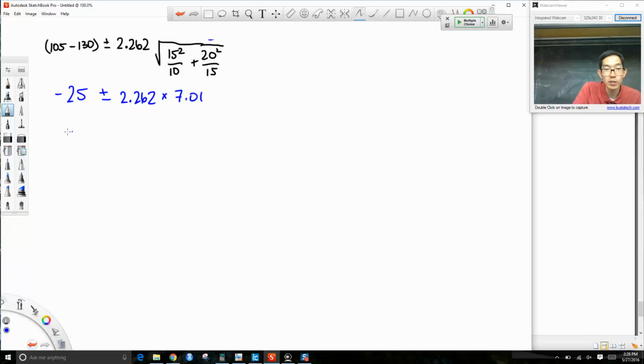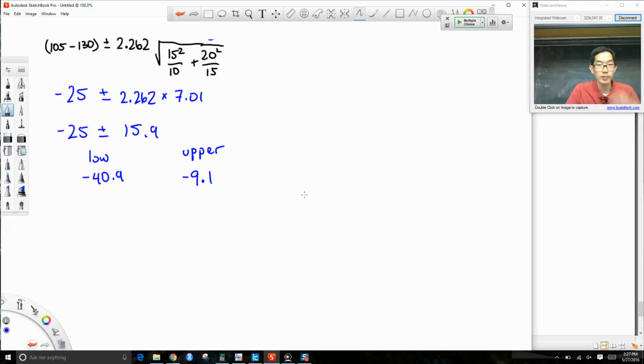So here I got negative 25 plus or minus, I think I got 15.9, is that right? 15.9, okay. And so my lower bound ended up being negative 40.9. And then the upper bound would be negative 9.1, I believe.